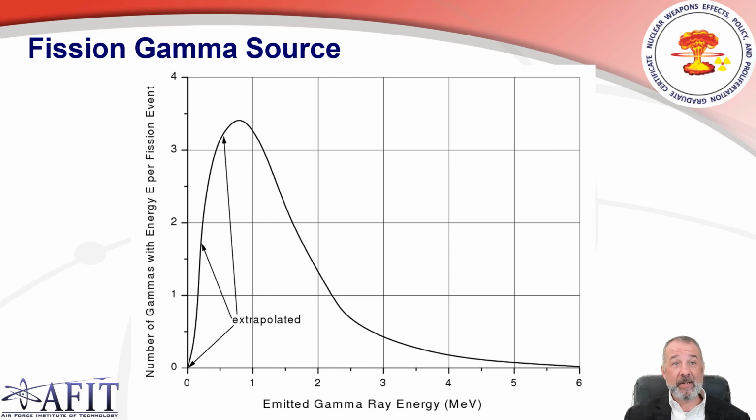I can tell you from experiments that I have been involved with myself, measuring gamma radiation from a critical fission assembly, that at the low end you have to take some serious precautions and mitigation measures in order to not overwhelm your detector, because of the number of these low energies that are interacting with it.